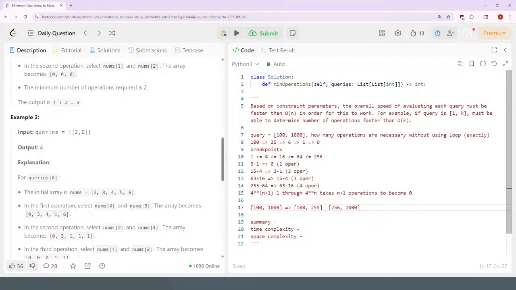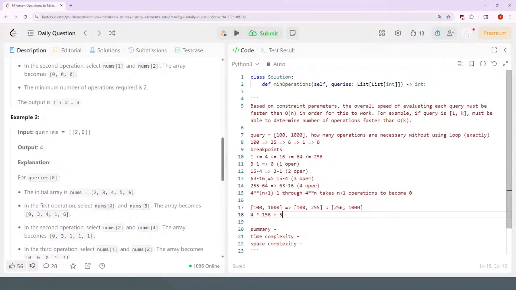Maybe I should use the union symbol. And then 100 to 255, that's all in the same bucket. That's going to be in the 4 bucket. So that's going to be 4 operations times however many values. 255 minus 100 is 155 plus 1 for inclusive endings, so it's 156.